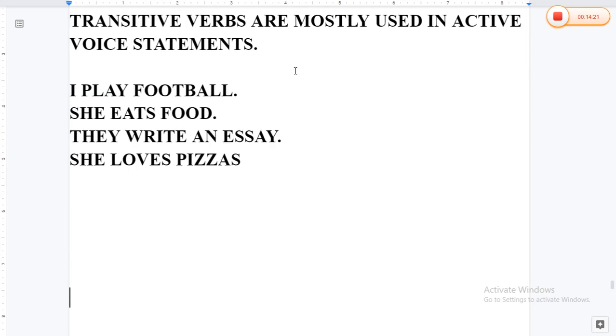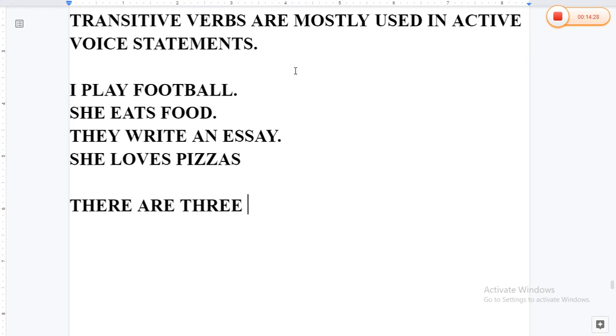There are three types of transitive verbs.